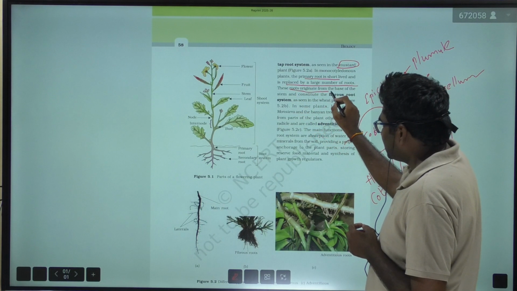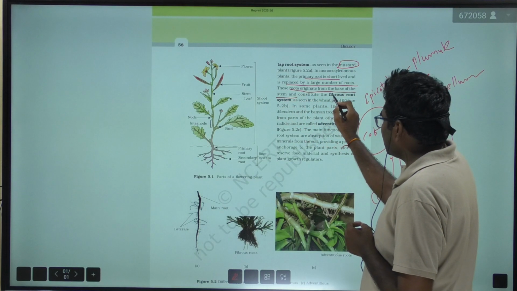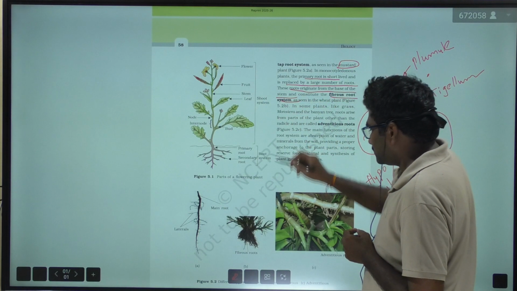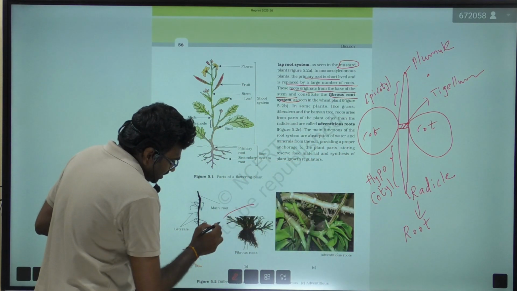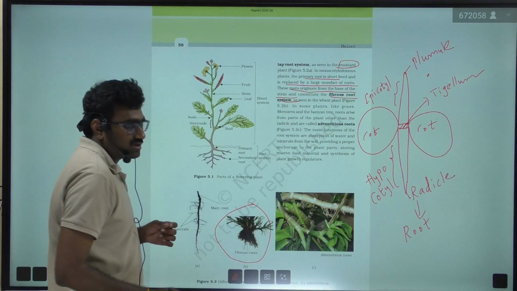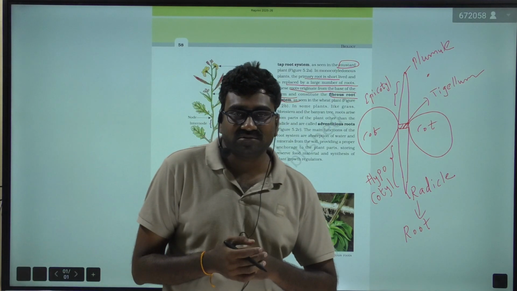In monocot plants, the primary root is short-lived and is replaced by a large number of roots. These roots originate from the base of the stem and constitute the fibrous root system. In dicots, the taproot system is observed.